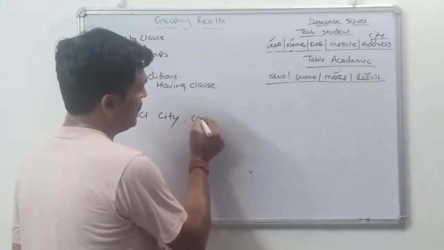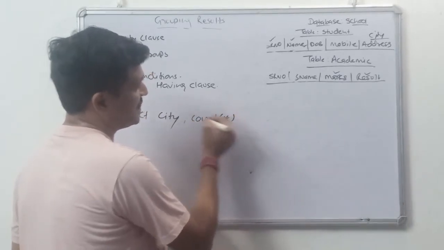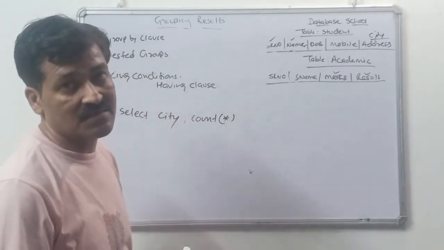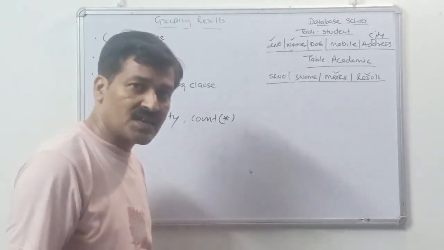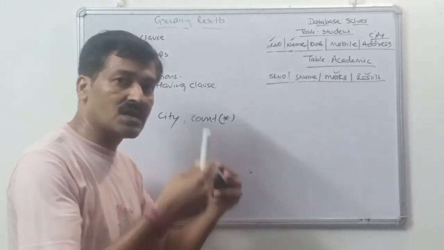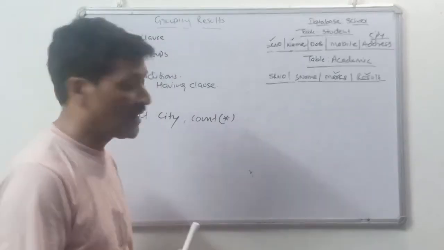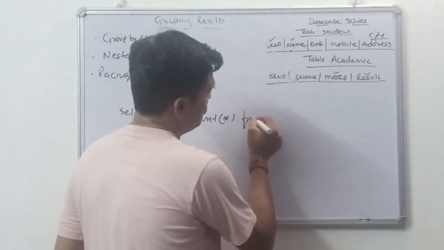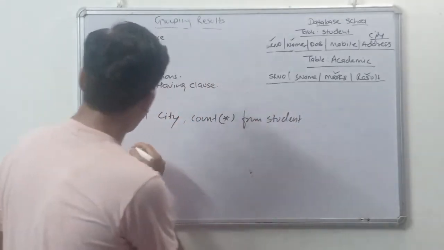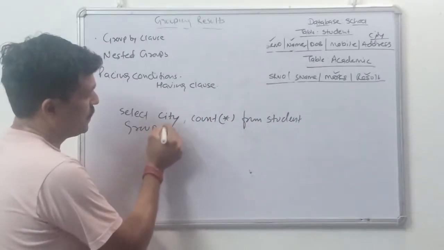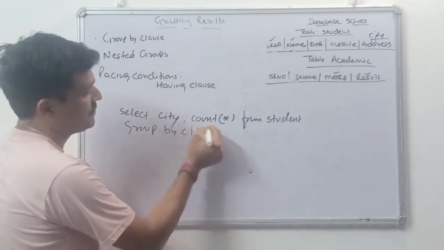Select city, count asterisk. Count asterisk I have done, we can write count city also. In both cases, the count function is used to count the number of rows. From student, group by city.